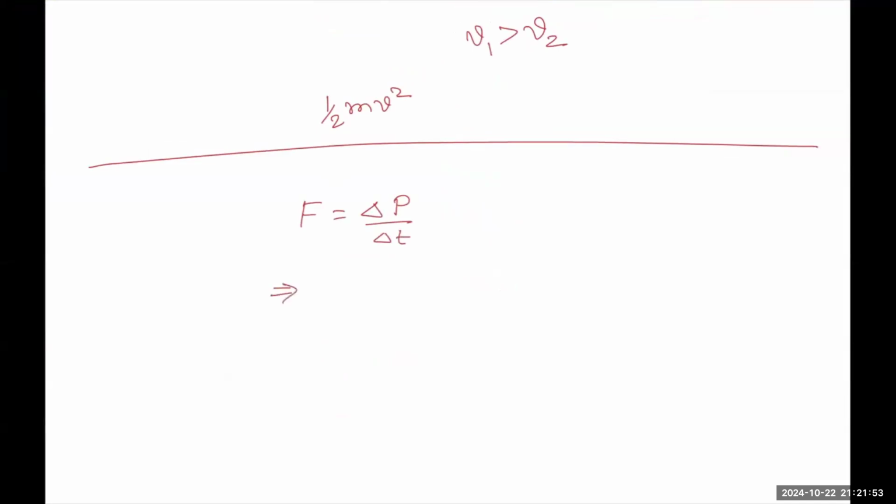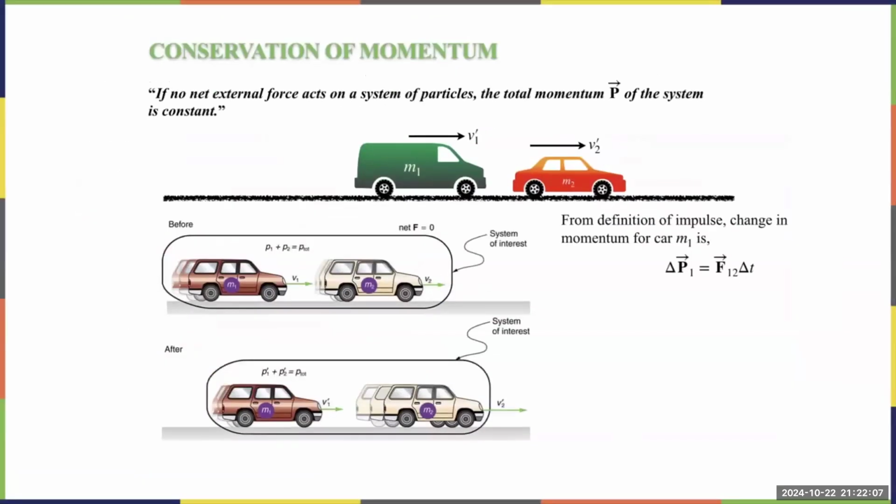So that means I can also write this as: change in momentum is force times the change in time, right? So in these conditions, the change in momentum of the first vehicle, delta P1, is F12, the force exerted by this one on this one, times the time of impact, how long it collided, and the time of this exchange of force between these two particles.